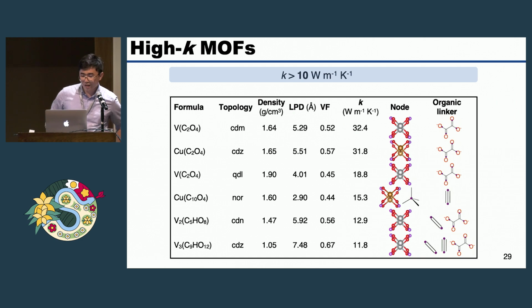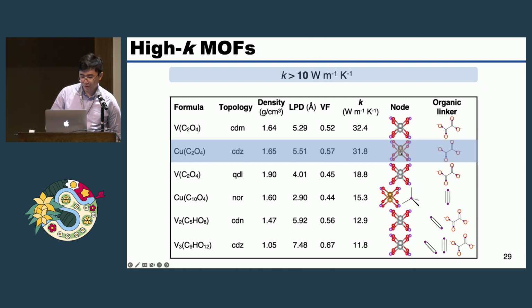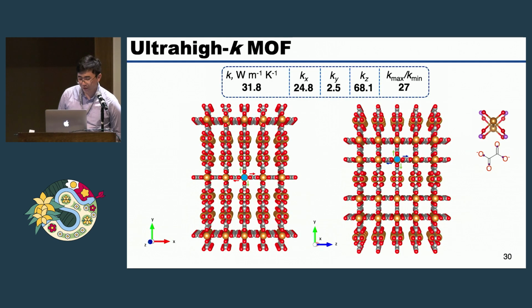So these are the structural and compositional properties for those 6 MOFs with ultra high thermal conductivity. This is how these 4 connected square planar metal nodes look. And because of the time limit, I would like to show one of the 2 structures for one of the 2 ultra high thermal conductivity MOFs. So here's the structure. The second structure is just a rotated version of this one, so it will be easier to understand.